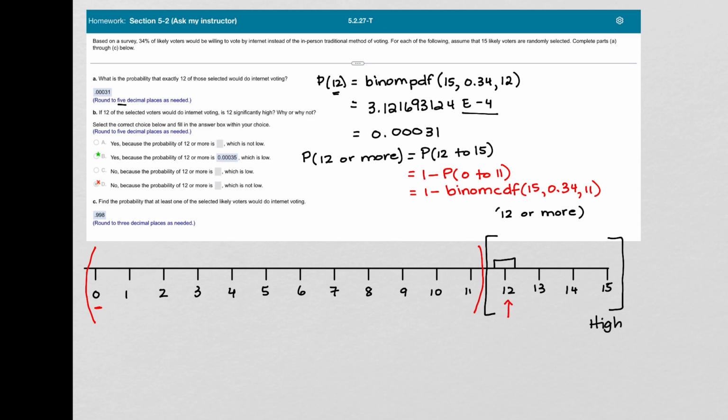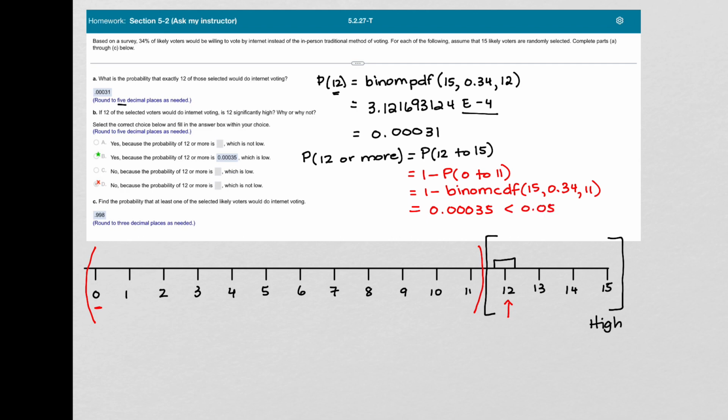And I'm just going to erase this so we have room to fit this in. And this turns out to be not very much more than the probability of 12 successes by itself. So it's 0.00035.